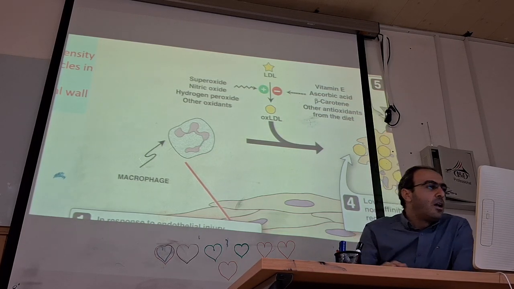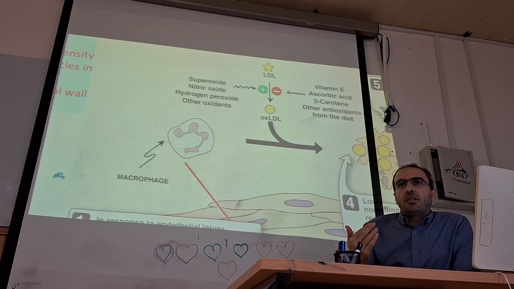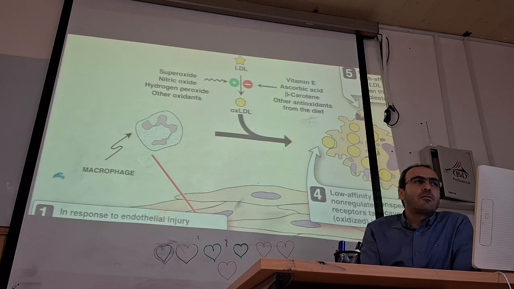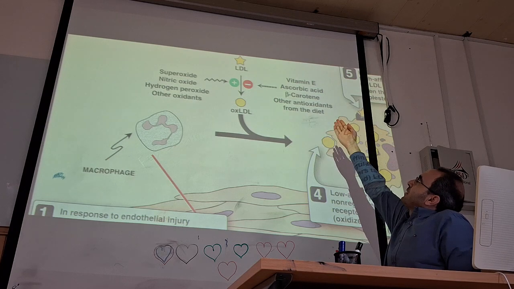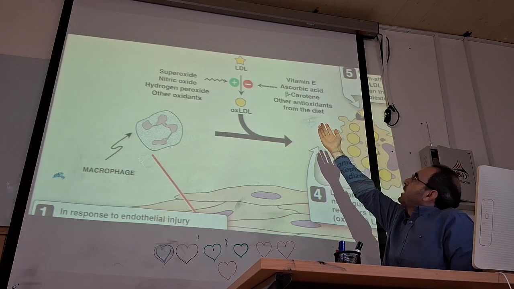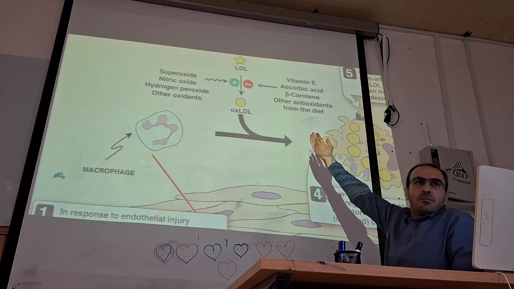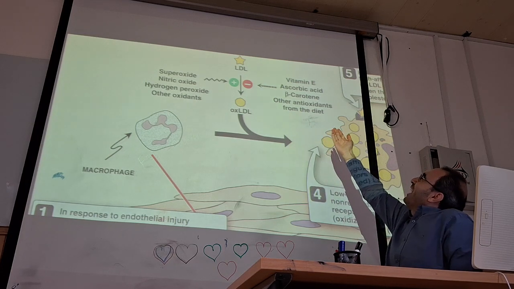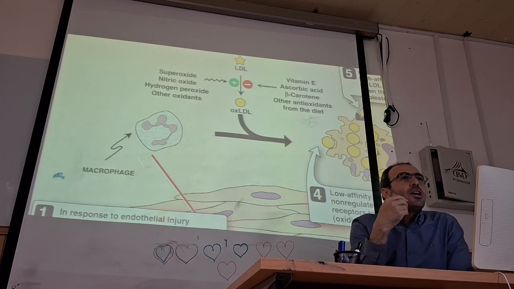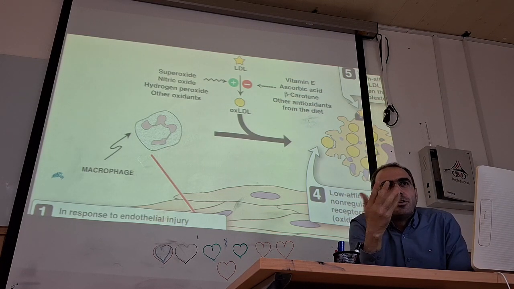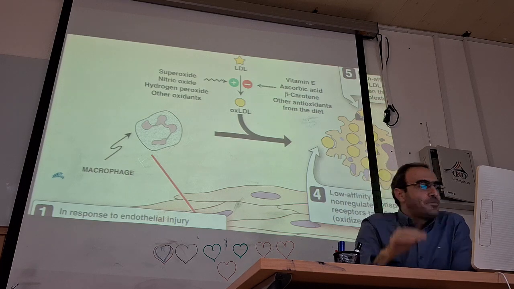We can actually decrease the amount of oxidized LDL by diet: vitamin E, ascorbic acid or vitamin C, beta carotene or vitamin A, D, and other antioxidants from diet. If you use antioxidants, they can help you reduce the oxidized LDL.